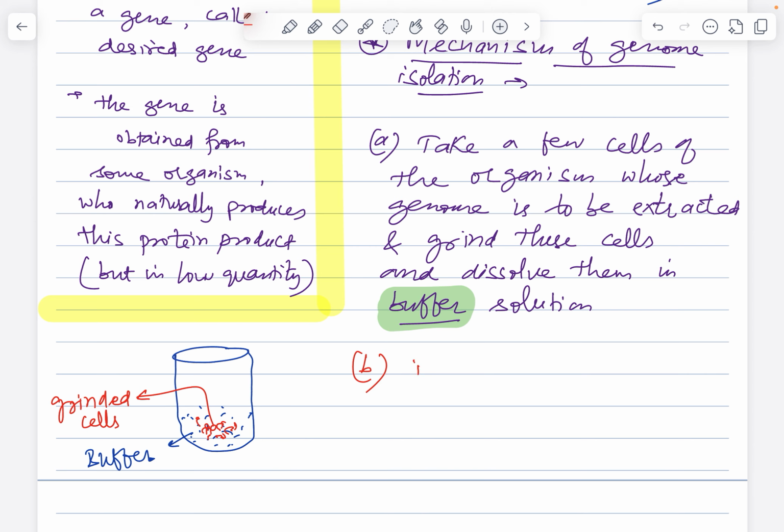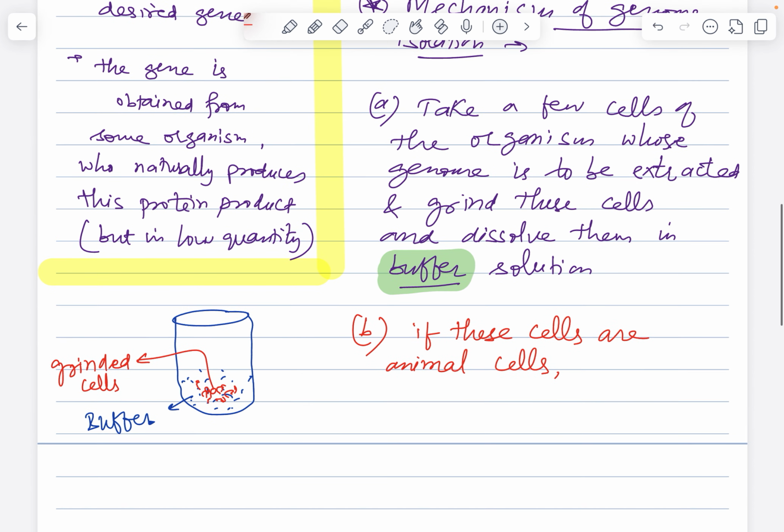So if these cells whose genome is being extracted are animal cells, then as I told you, it's not much of a big deal. High-speed rotation, which is also called what? Centrifugation in biotechnology terms.